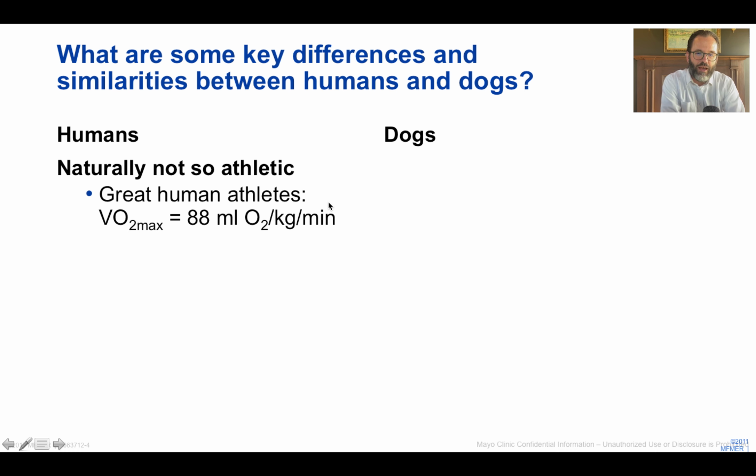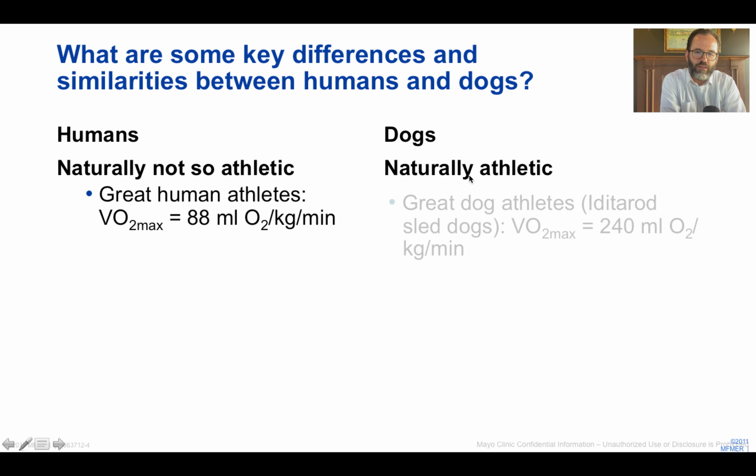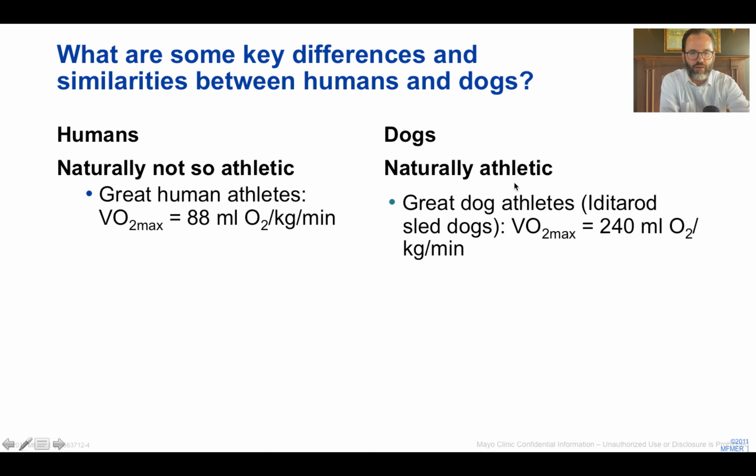Like myself. And for dogs, you'd say the dogs are actually naturally athletic. And so great sled dog athletes, such as Iditarod sled dogs, have a VO2 max of up to 240 mils of oxygen per kilogram per minute. So, tremendously higher than what is observed in human athletes.